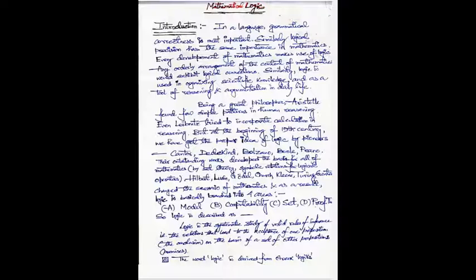Being a great philosopher, Aristotle first found a few simple patterns in human reasoning. But after that, the famous mathematician Leibniz tried to incorporate some calculation in reasoning. Around the 19th century, we got many famous pioneers in this subject, for example, Cantor, Dedekind, Bolzano, Boole, Peano, who did extensive work to give the proper idea of logic.